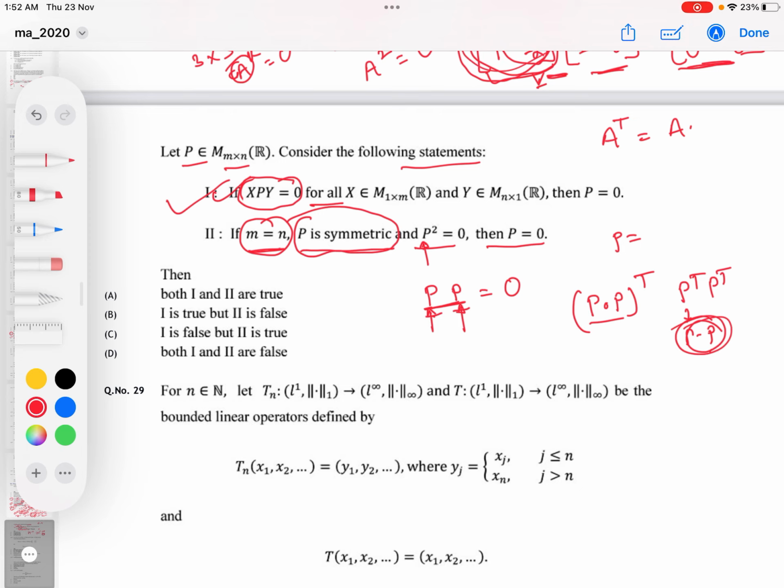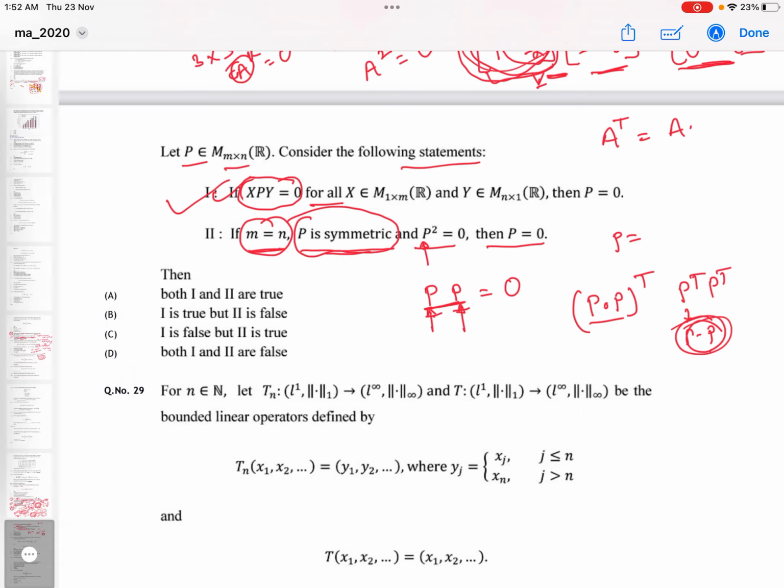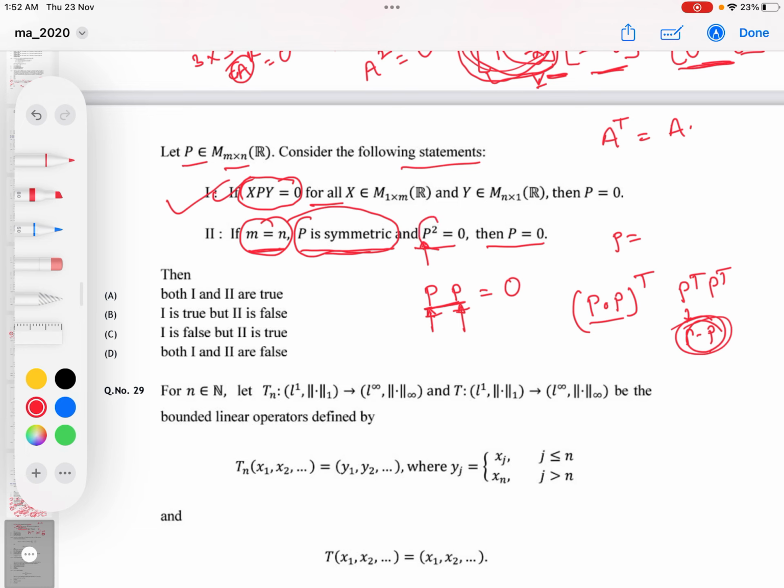So P is symmetric, and now can we satisfy this condition? We can satisfy it only when P is 0, otherwise this condition, that P square is equal to 0, will not get satisfied.